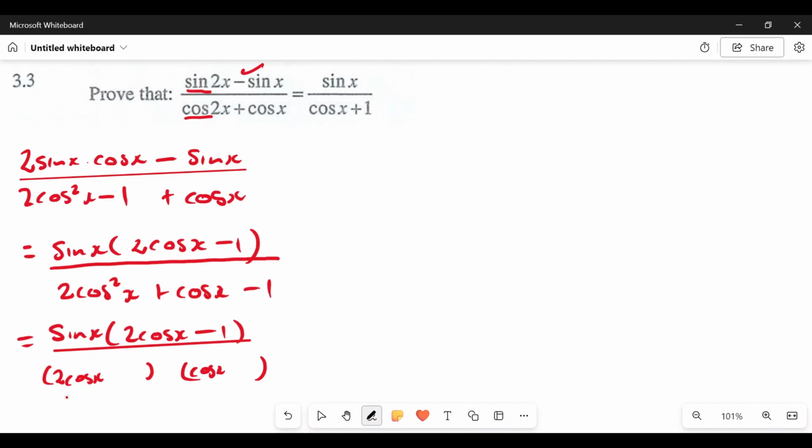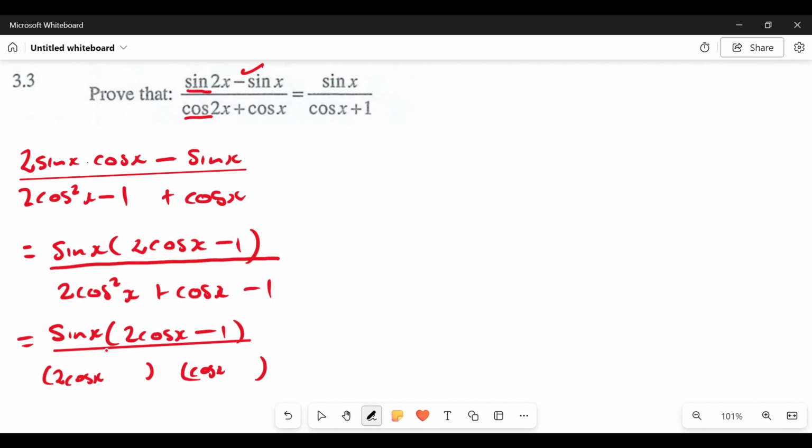Remember, when you factorize, guys, you must be able to go back. If you say 2 cos x multiplied by cos, it's going to take you to 2 cos squared x. Now, let's look at our last term of this quadratic. We have negative 1. What are the factors of negative 1? It's actually 1 and negative 1.